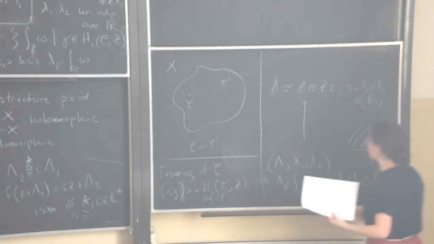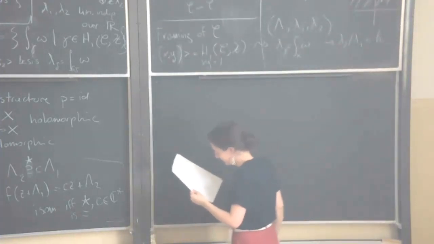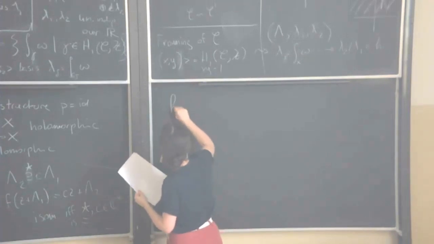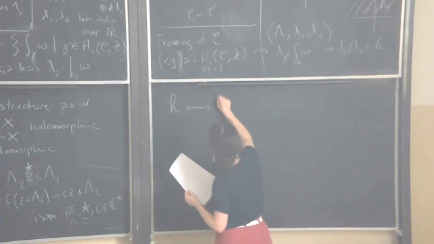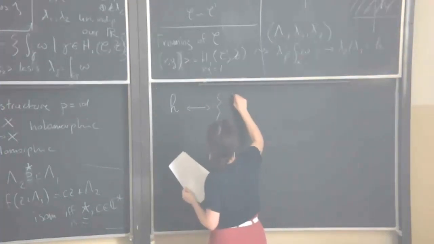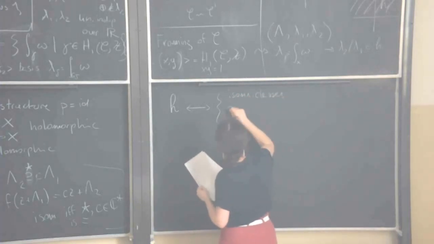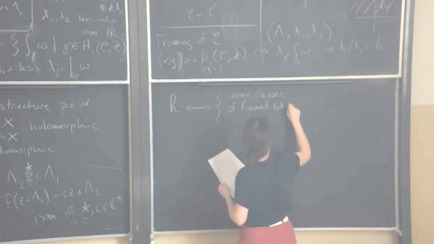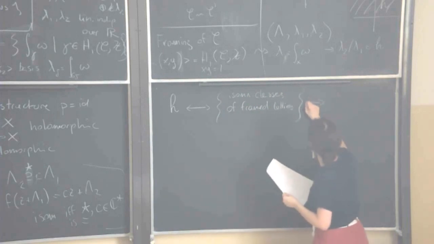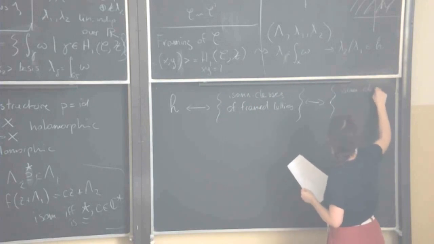Let's fix some notation about this. So as I said, we have our space H, and this corresponds to the isomorphism classes of framed lattices. And this corresponds to the isomorphism classes of framed elliptic curves.